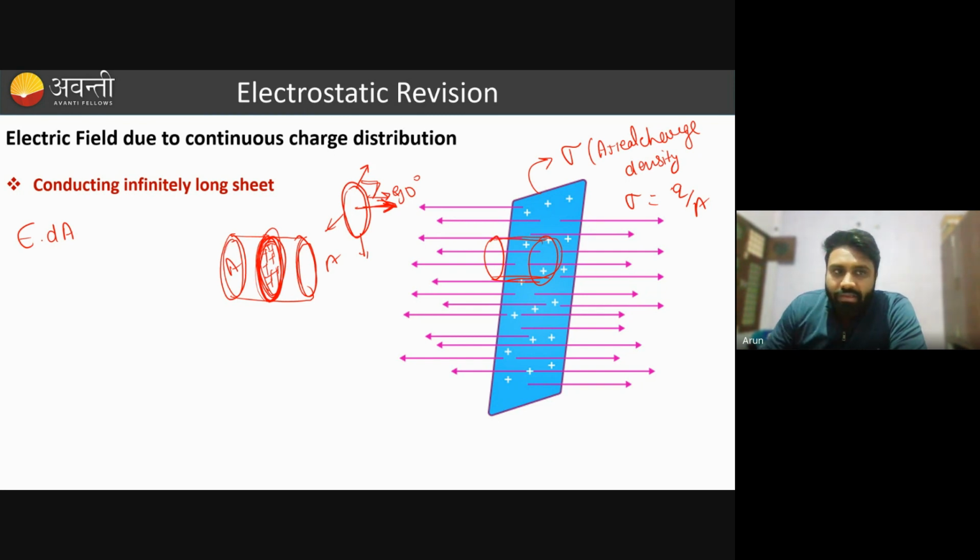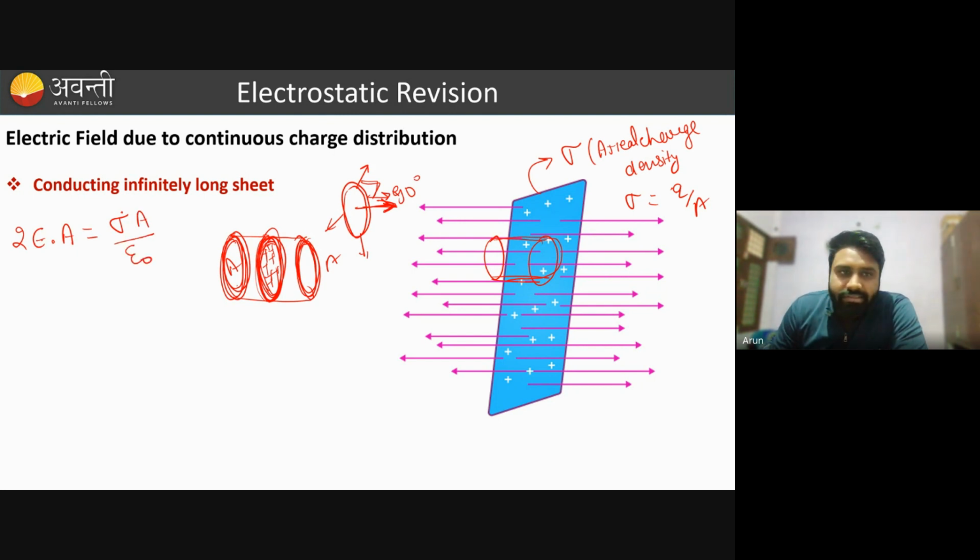The same electric field will be here and here. So you can say 2 times electric field into the base area equals Q enclosed, which is sigma into that particular area divided by epsilon naught.